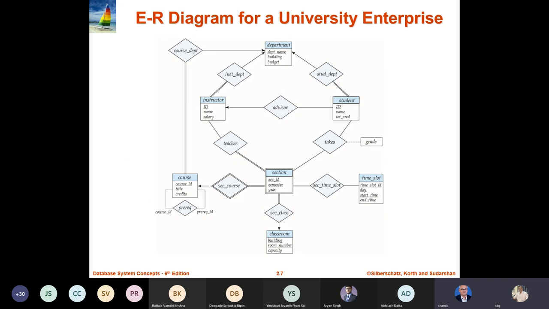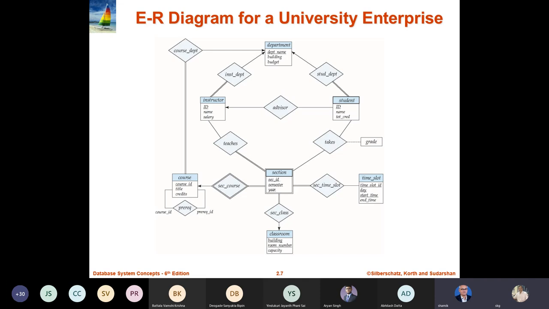So this is an ER diagram. There are different entities like department, instructor, course, section, classroom, time slot, student, and relationships like advisor. An instructor can be an advisor of a student, right?